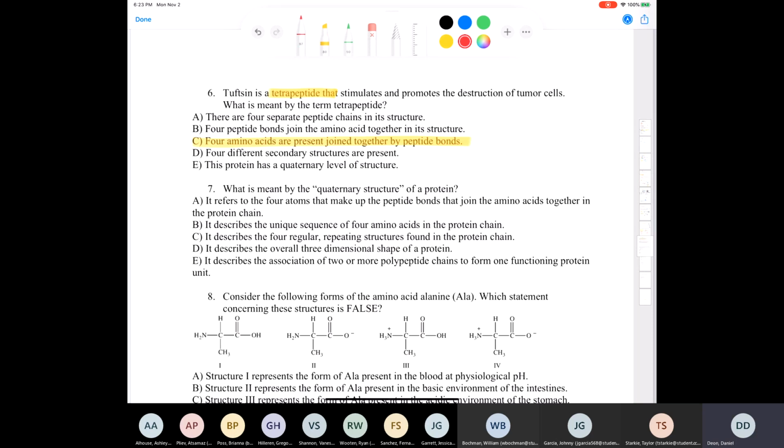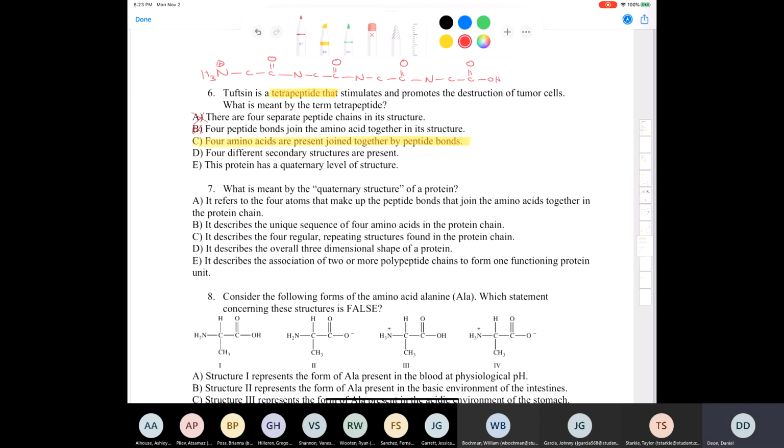Right, if you look at A, it says there are 4 separate peptide chains. No, a tetrapeptide is just a peptide put together with just 4 different amino acids. If you look at B, 4 peptide bonds join the amino acids together in a structure. No, it can't be that either, because in a tetrapeptide, look, I have N-C-carbonyl, N-C-carbonyl, N-C-carbonyl and N-C-carbonyl, like this, okay?